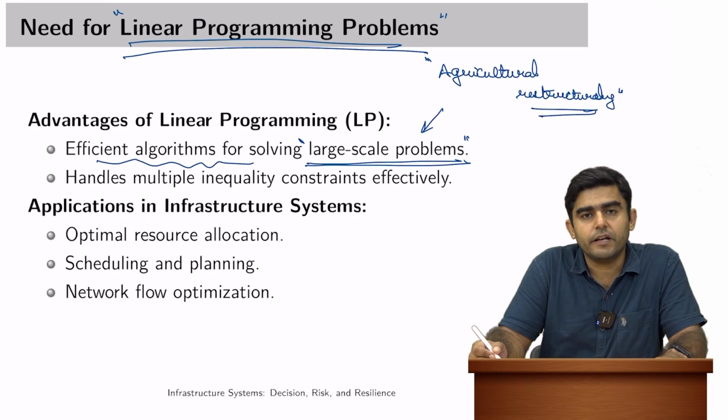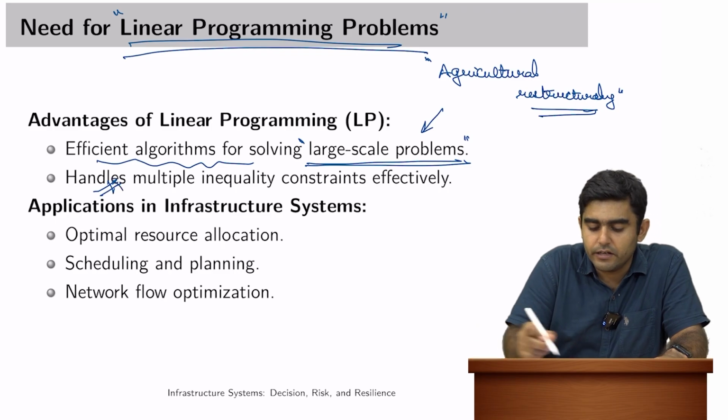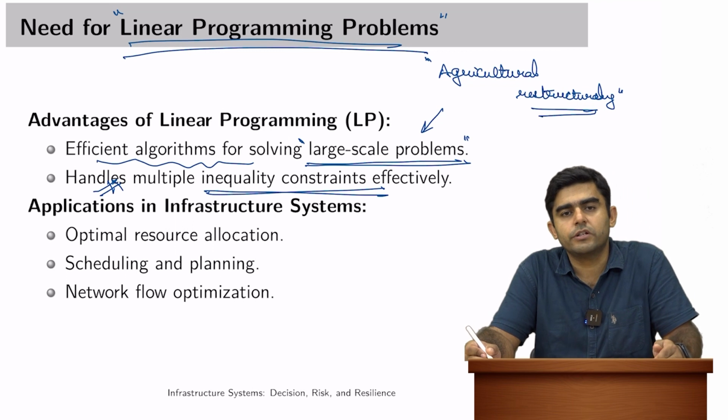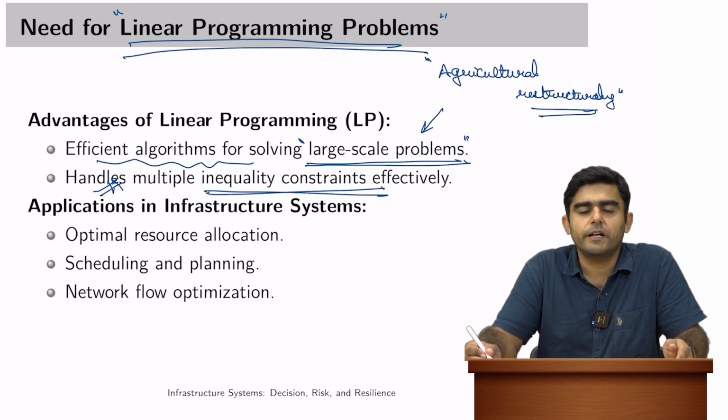Not only are they efficient at handling a large number of variables, they are also very adept at handling a large number of inequality constraints, by virtue of how we use convexity to our advantage, going from one basic feasible solution to another basic feasible solution until we find our optimal answer.